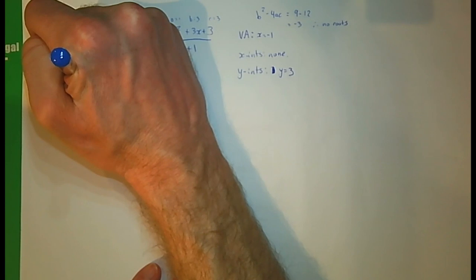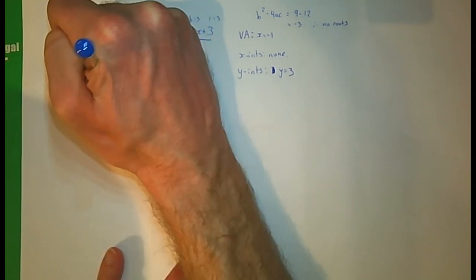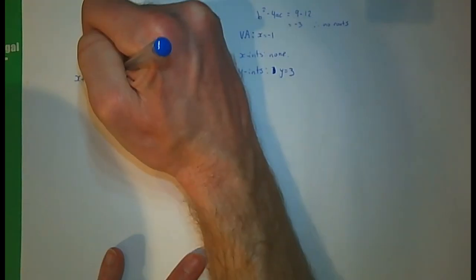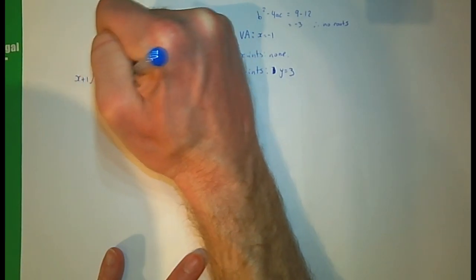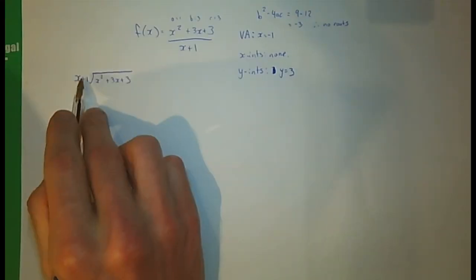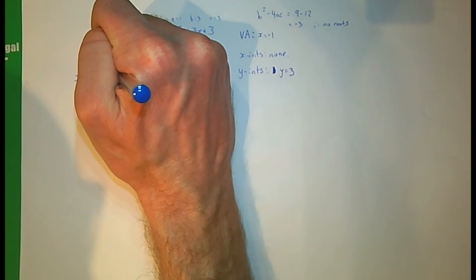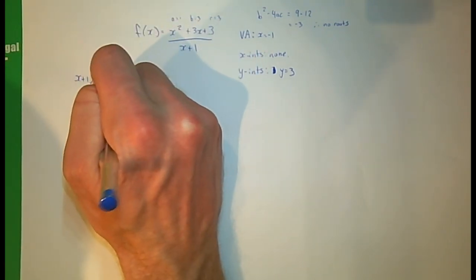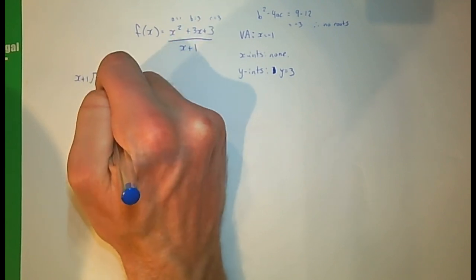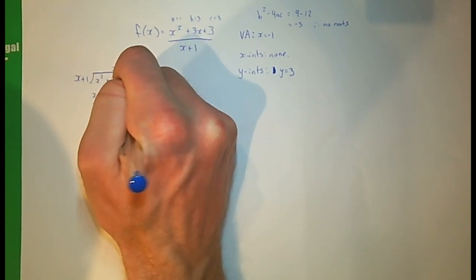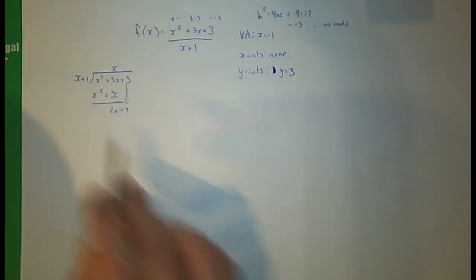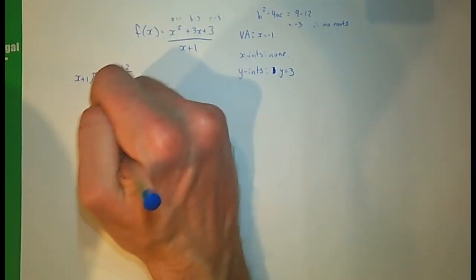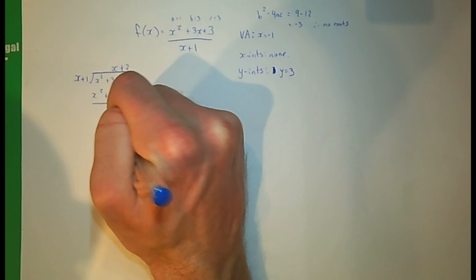So if I have x plus 1 dividing into x squared plus 3x plus 3, right? So x goes into x squared, x times, and multiply that through to get x squared plus 1x, and subtract, we get 2x, bring down the 3 to get 2x plus 3. X goes into 2x, positive 2 times, multiply it through to get 2x plus 2, to get 1.